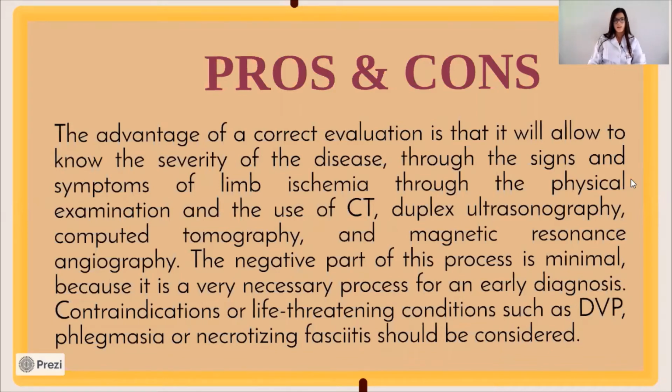The negative part of this process is minimal because it is a very necessary process for an early diagnosis, and contraindications or life-threatening conditions such as DVT, phlegmasia, or necrotizing fasciitis should be considered.